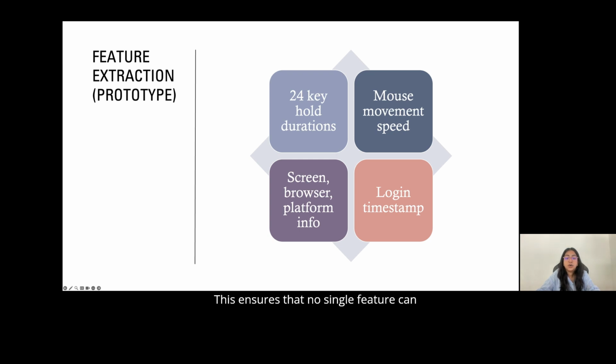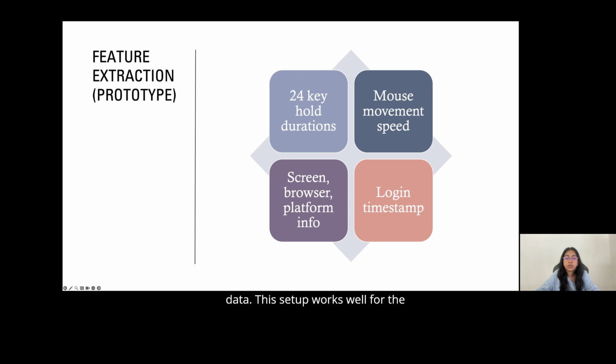This ensures that no single feature can unevenly influence the model just because it has a larger numeric range. This structured feature vector forms what we call a behavioral fingerprint for that specific session. It encapsulates both how the user interacts and when and where they do it, merging behavioral biometrics and contextual data.